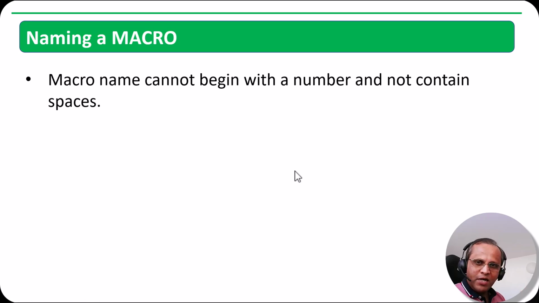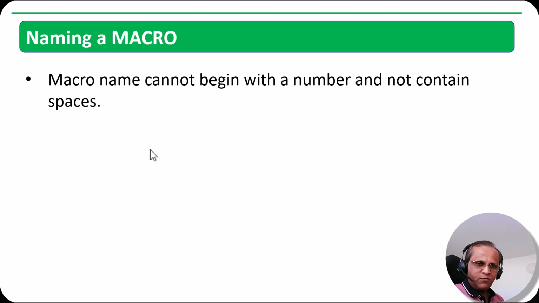While naming the macro, we have to follow some rules. Here it says the macro name cannot begin with a number and should not contain spaces. Sometimes our macro name can be long. In the gap between the words, we should not use any spaces. Suppose my macro name is formatting cells.